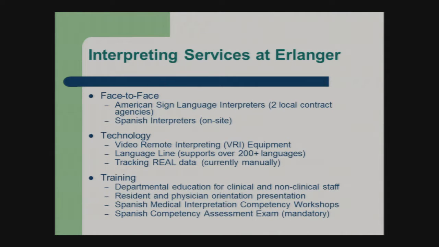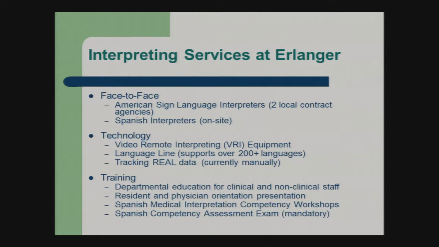Now we go to interpreting services at Erlanger. We have different types of interpreting. We have face-to-face, where you have an interpreter present. You have technology, and you have training for different people that work here at Erlanger. The face-to-face involves, first of all, American Sign Language.